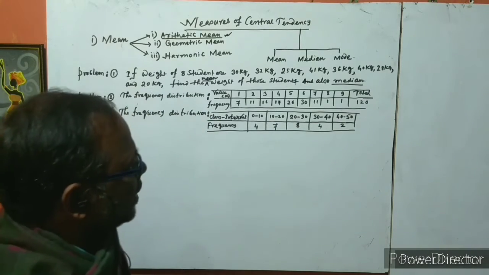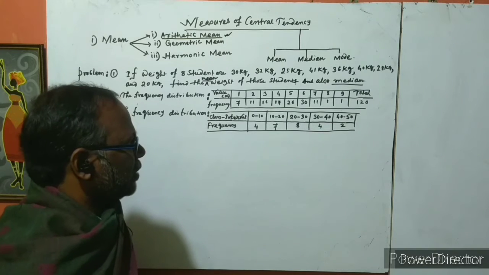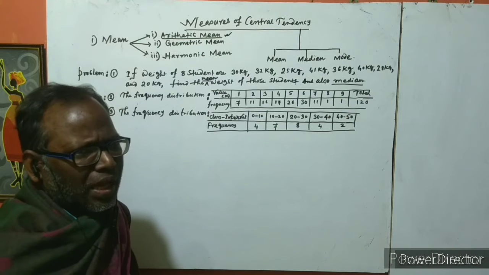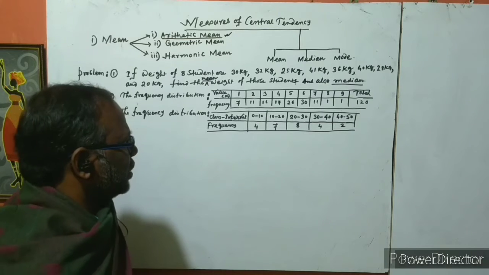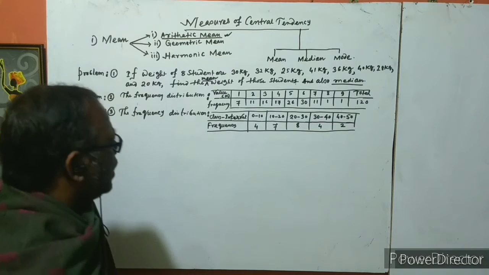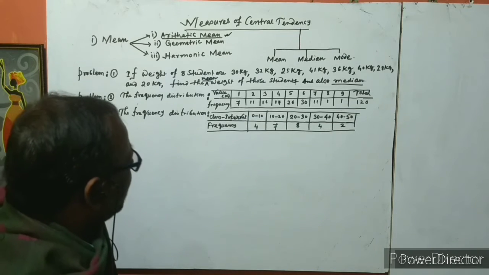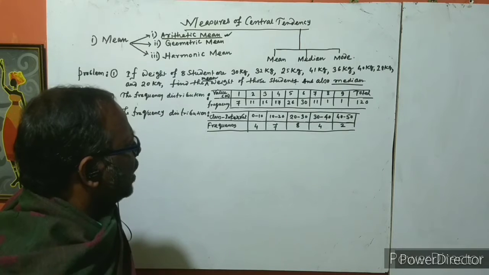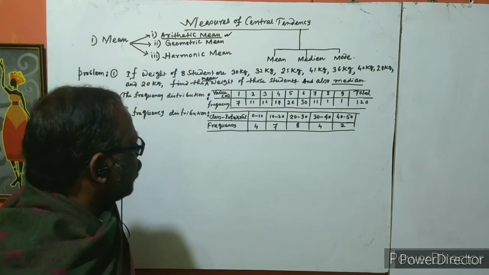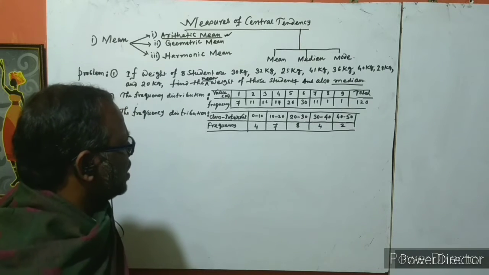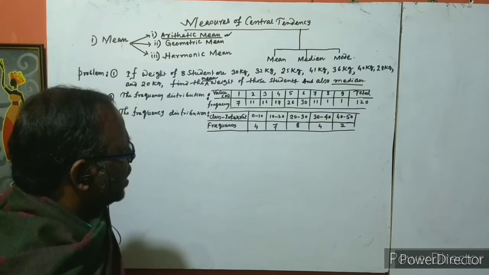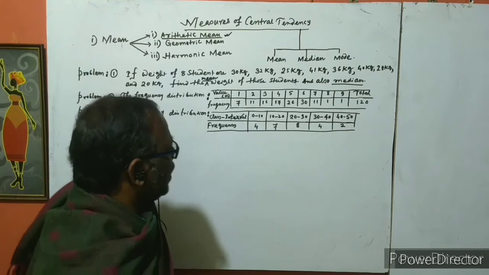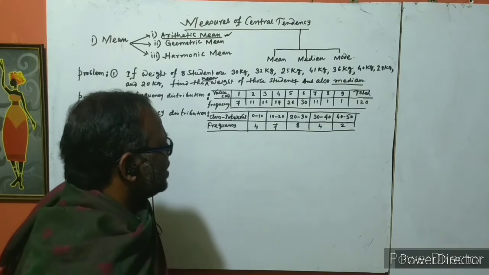For that type of distribution, we need to form boundaries, which means we need a continuous class interval. Now let us assume that in an exam in a college, some students scored marks 0 to 10, 10 to 20, 20 to 30, 30 to 40, 40 to 50, and the frequency is the number of students.